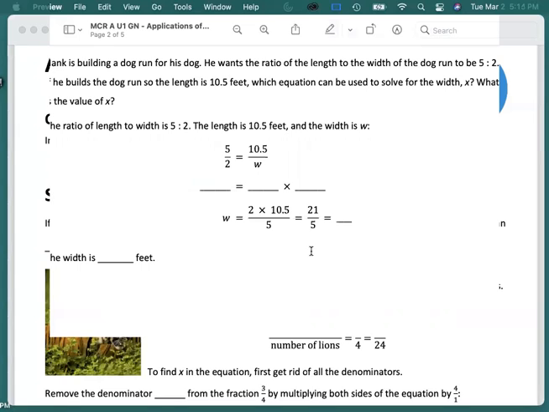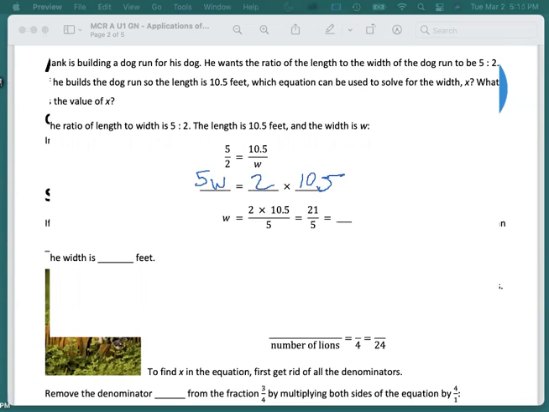So basically right here, they're showing they isolated the W, the variable, to get the W by itself. So if we were to cross multiply, it would be 5W and then 2 times 10.5. And then we could divide both sides by 5. So 21 divided by 5 is 4 something.